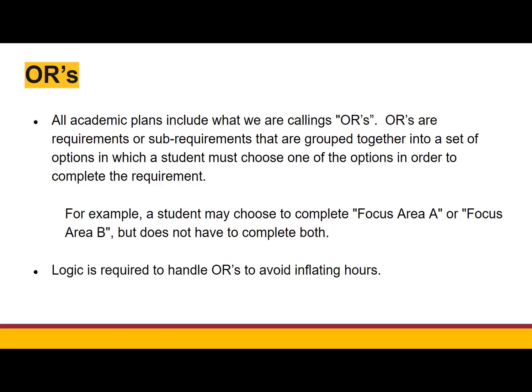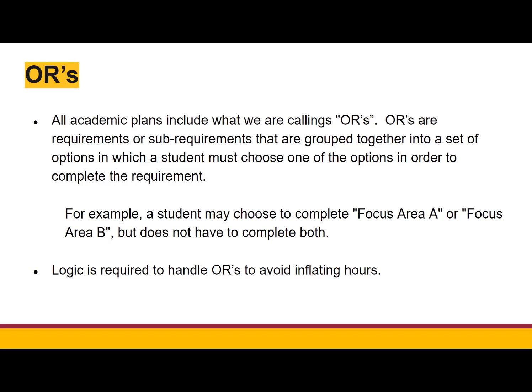These are in all academic plans, mostly because the first year composition requirement is an ORD requirement. They are requirements and sub-requirements that are grouped together into a set of options where a student can choose one or the other option. So a student can take a focus area A or a focus area B, but they don't have to take both.